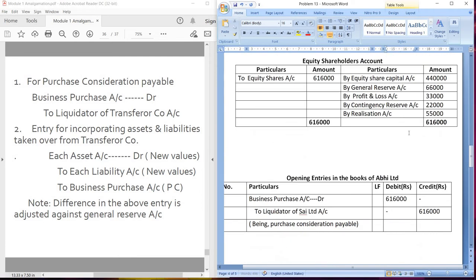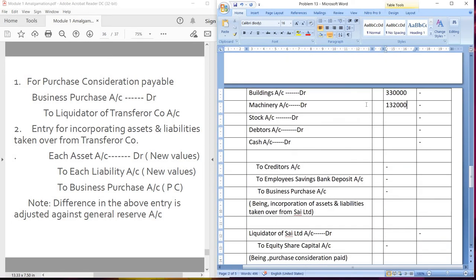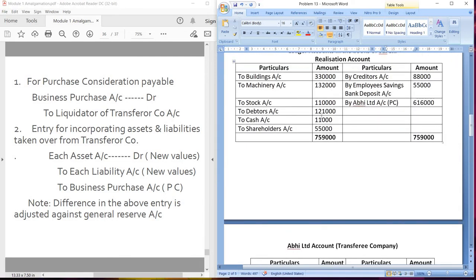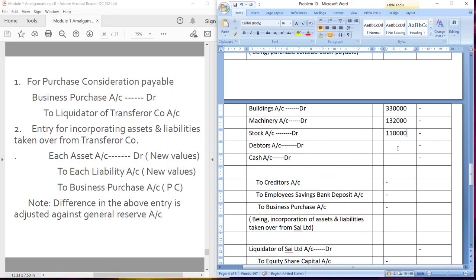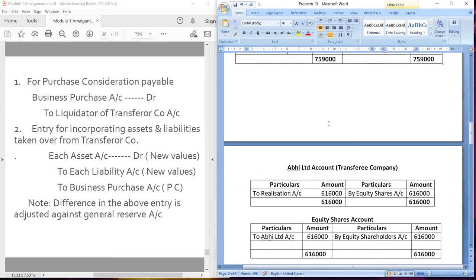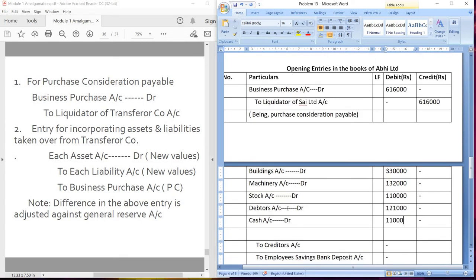Next we have stock, 1,10,000. Then debtors account debit, amount 1,21,000. Next we have cash account debit 11,000. So we have transferred all the assets. We have to leave one line blank. I will explain that later.